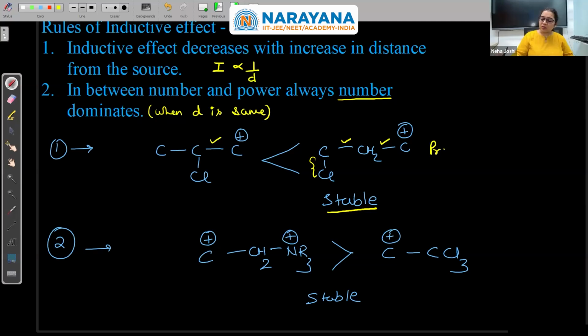Practically, not for questions, we ignore the I effect from 3 sigma bond distance and onwards.